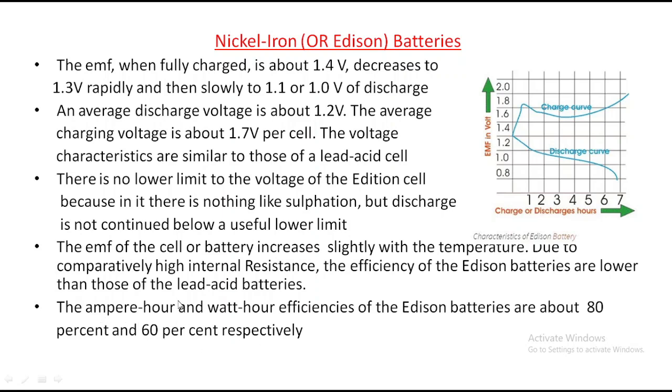These efficiencies we discussed in the earlier topics, and we have some more topics after this one. Here the efficiency is also an important point: ampere hour is 80%, watt hour is 60%.